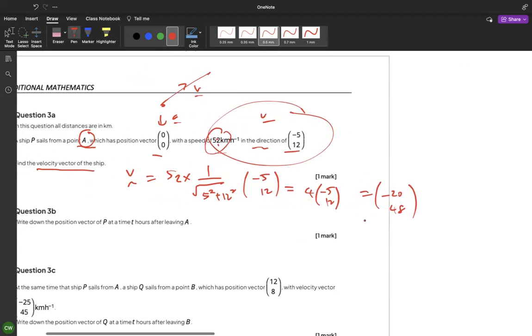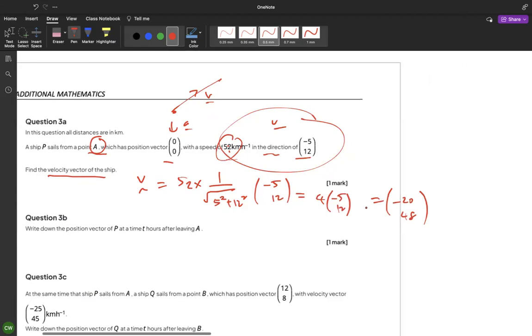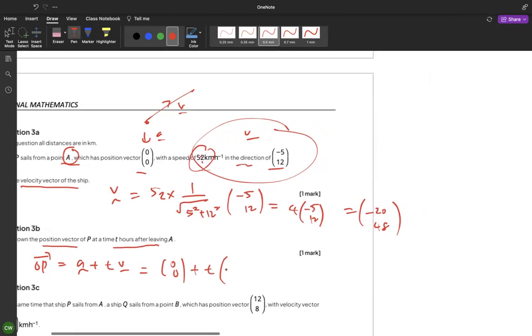So what is next? When they say position vector T hours after leaving, it means you have to start thinking about applying the unit vector. It is the starting point plus time times velocity. You know what the starting point is or not? They say start from here, so this is 0, 0, plus t times the velocity.